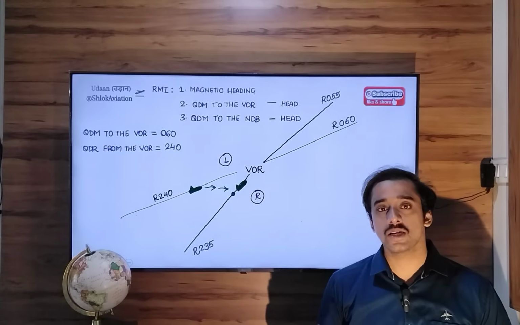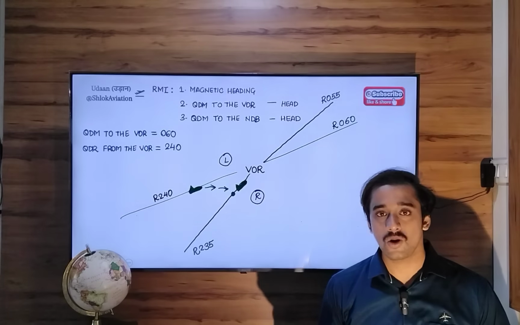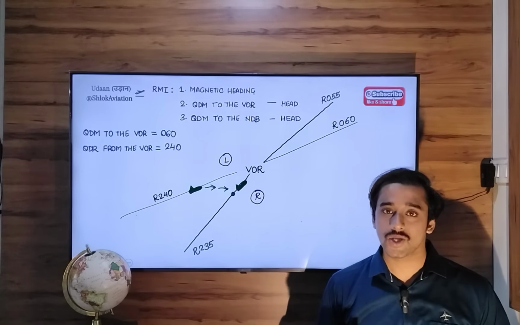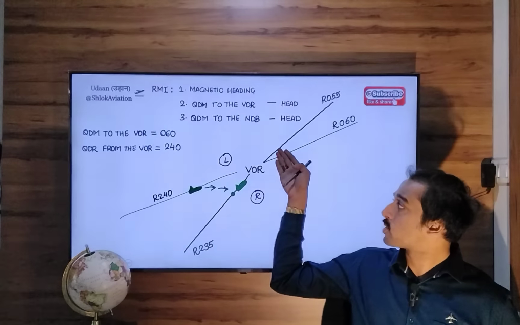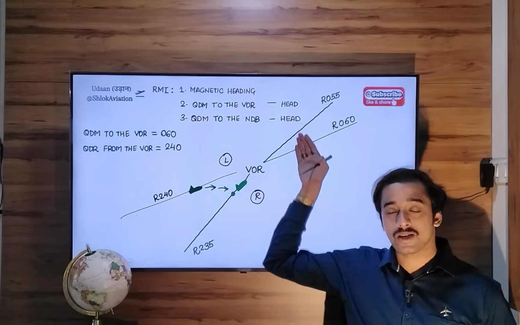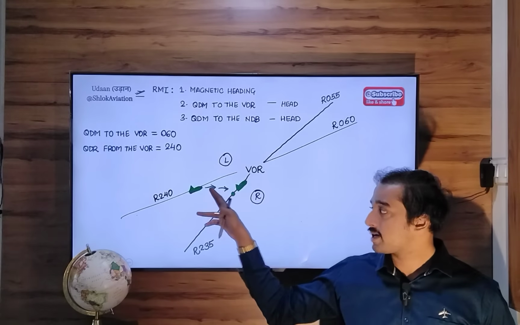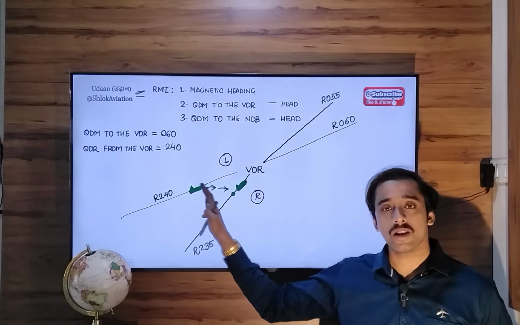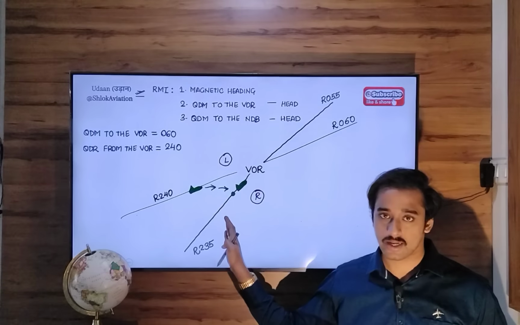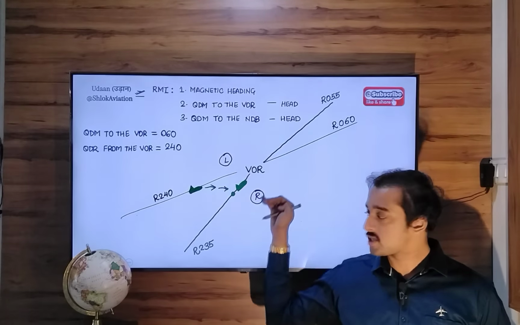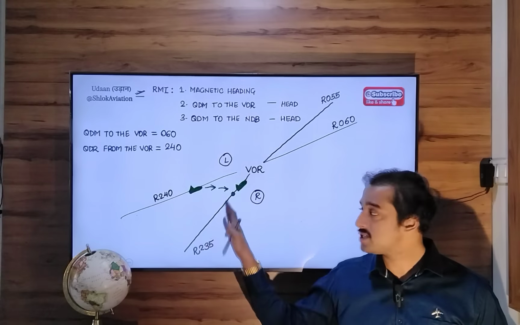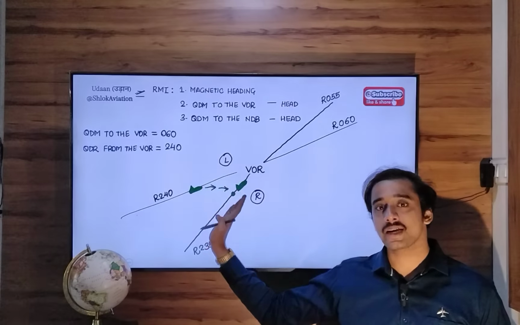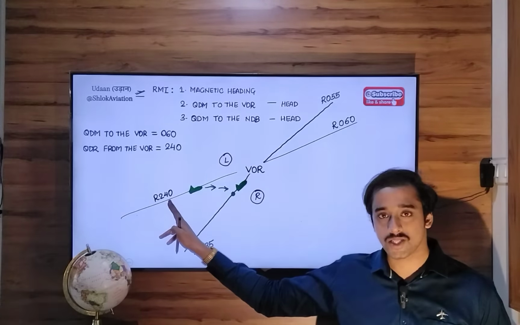Now, if you change the course from 060 to a new course 055, you have to draw that new course 055, draw the reciprocal of that, and the HSI will tell you to fly right or left depending on the course selected. Okay, now 055 reciprocal is 235, which is going inbound to the right hand side of radial 240.